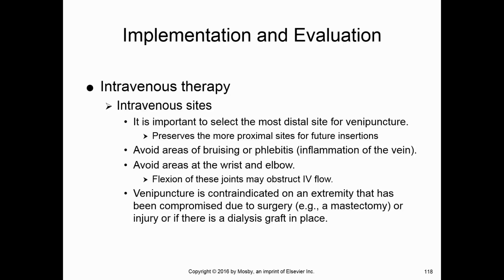Now, also when you're selecting a site, you want to select the most distal site first. If we're talking about someone's arm, we want to try to use the veins farthest away. That would be the veins in the hand, okay?